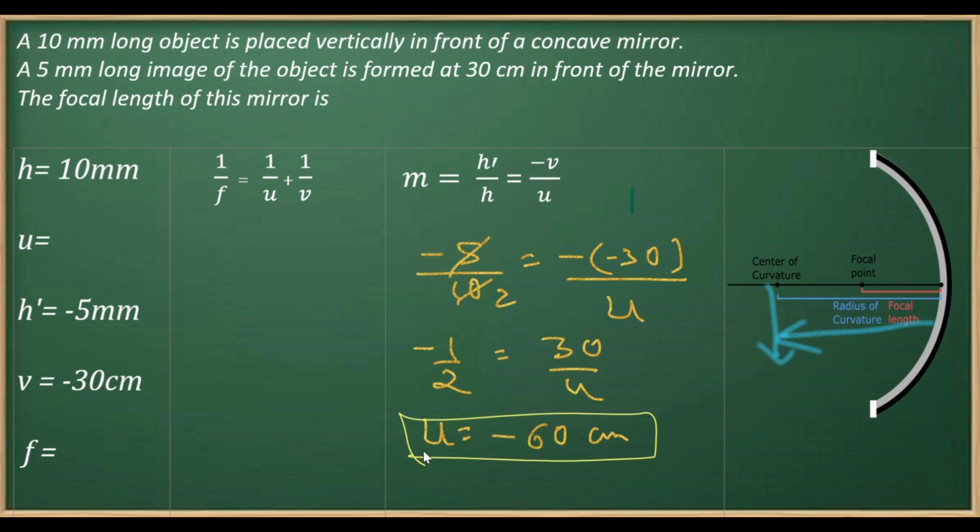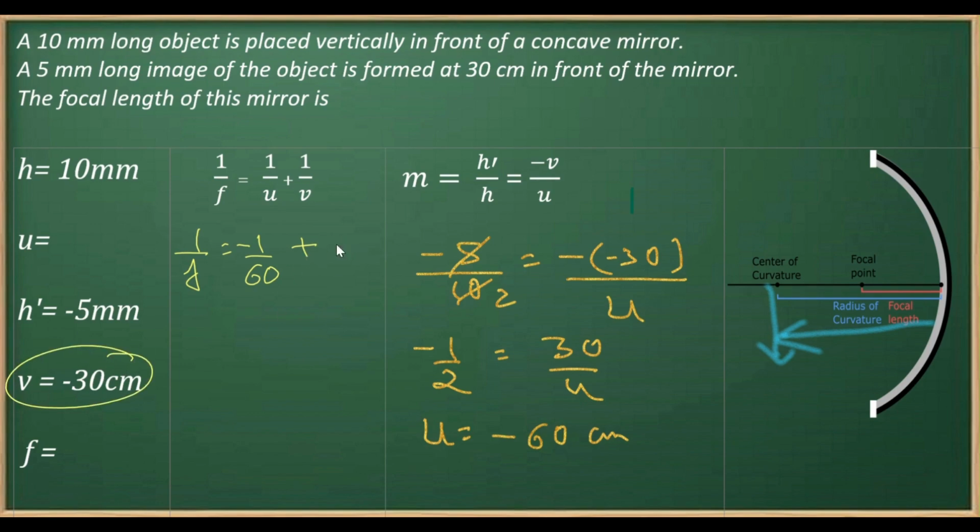Now once we have the object distance, we can use the mirror formula for finding the focal length. So 1 over f is equal to 1 over u, and u is negative 60, so I'll write minus 1 over 60, plus 1 over v, and v is minus 30, so minus 1 over 30.